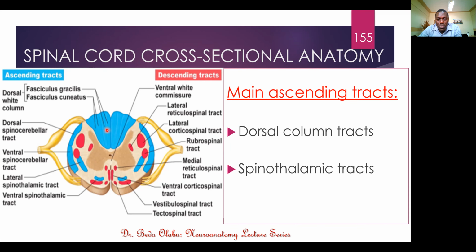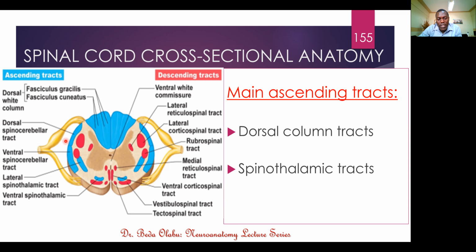And I want you to think through what I'm telling you, because it has a lot of clinical implication. I defined for you what are first-order, what are second-order, what are third-order sensory neurons during the introduction. I also told you that second-order sensory neurons decussate.